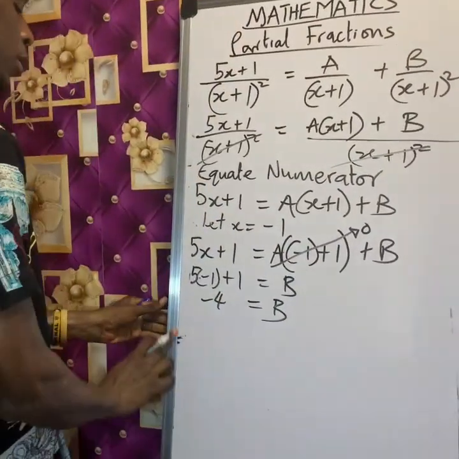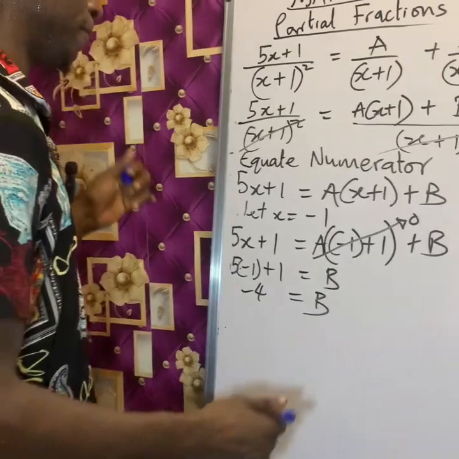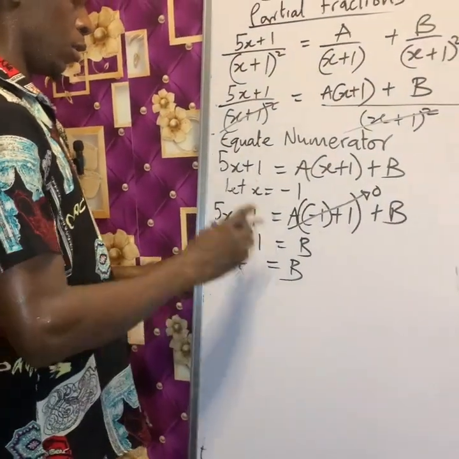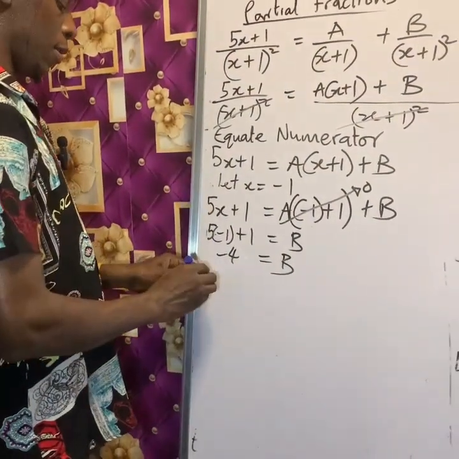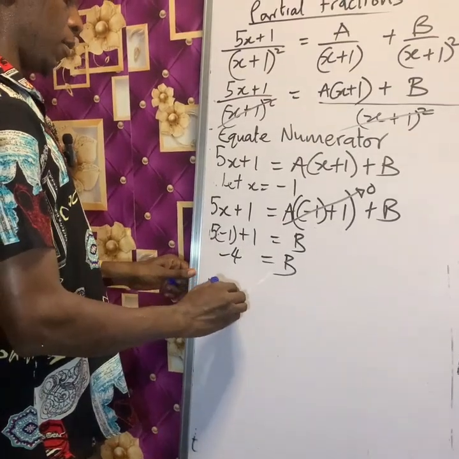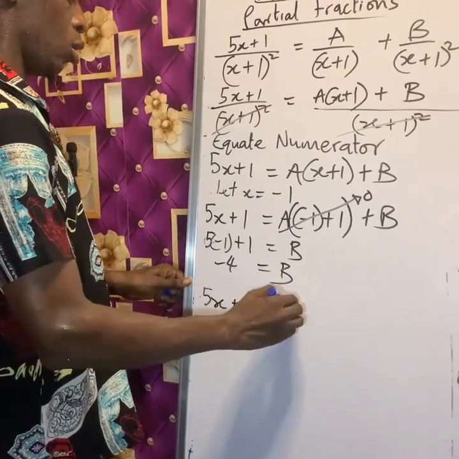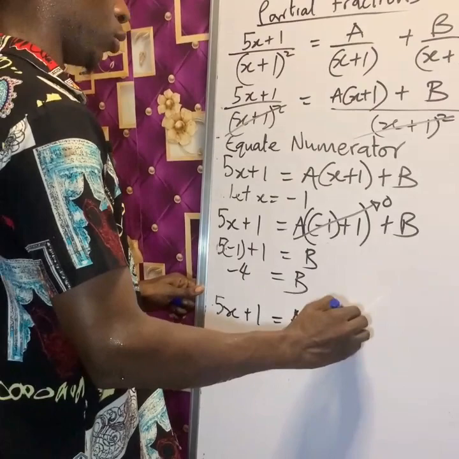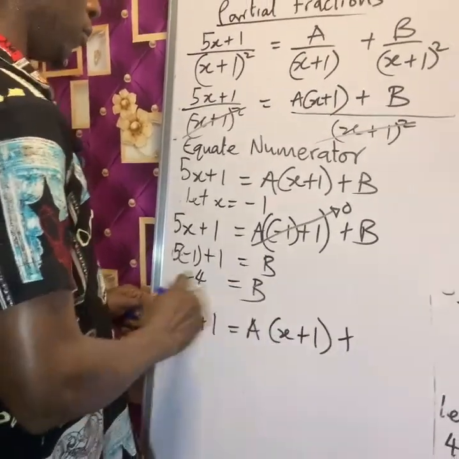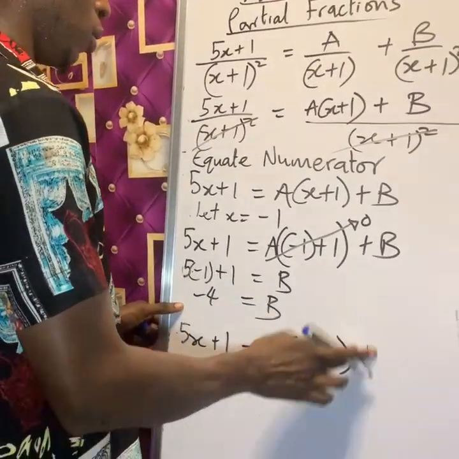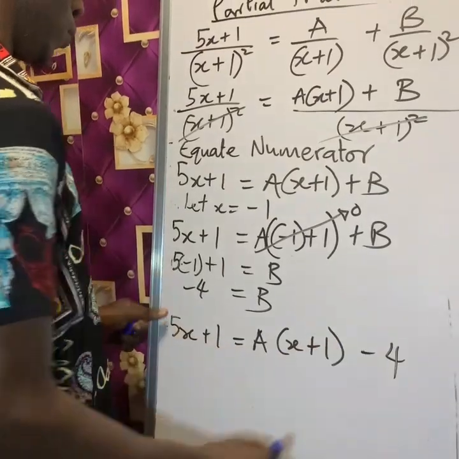So solving for A, going back to this place, 5x + 1 = A(x + 1) + B, in this case B is now -4.